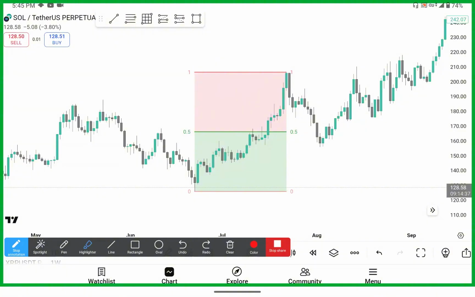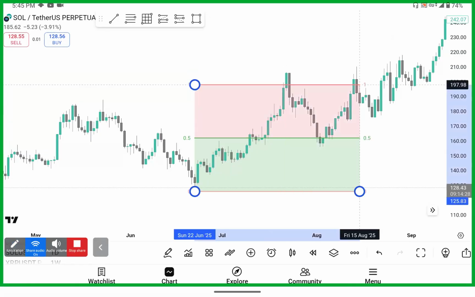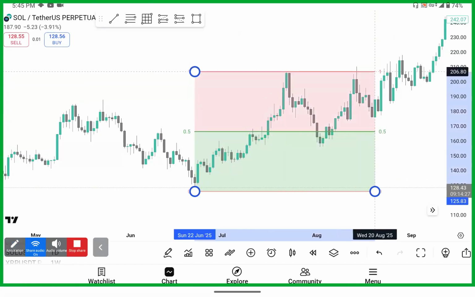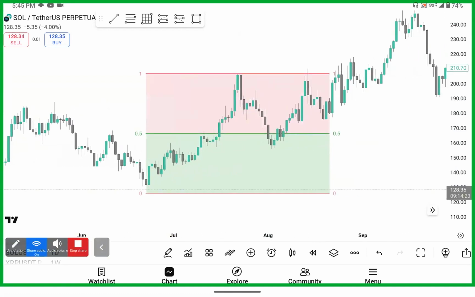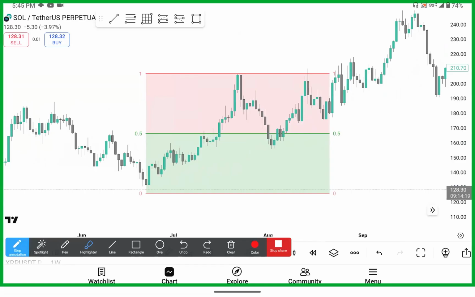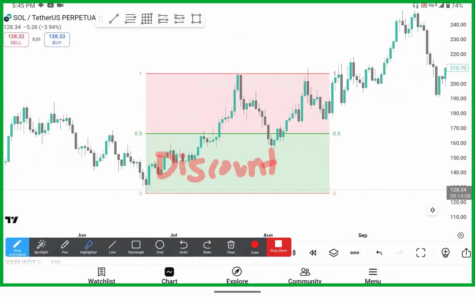So you should be very attentive as we go further. You will see, hope you see that, when price came from the discount, it went into the premium.